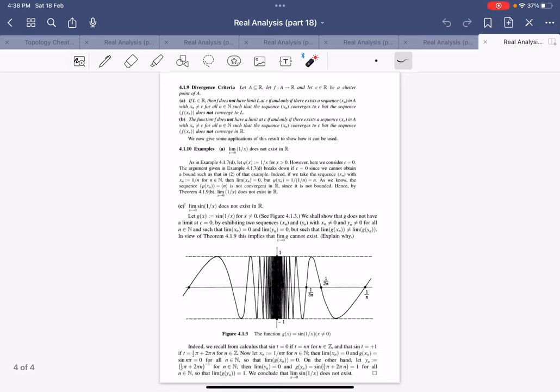I hope it's not too hard to create a link between sequences and convergence for functions. In the next video, I'll show how sequences can also be applied to continuity. It's really an extension of the continuity that we studied in calculus, and a more rigorous proof of it.